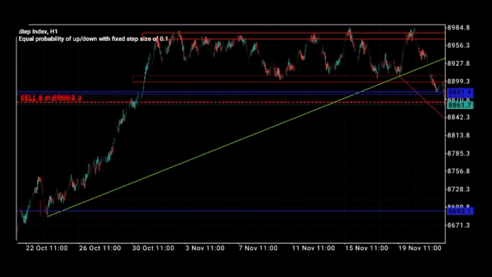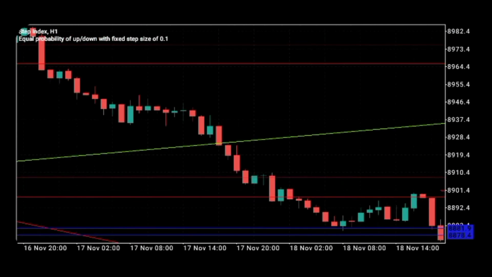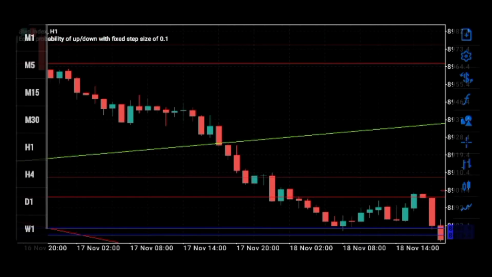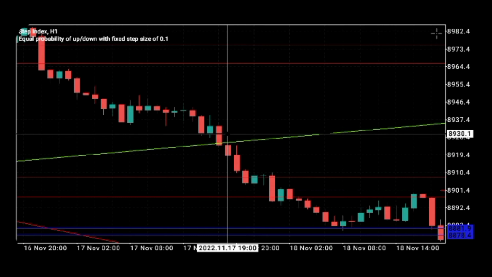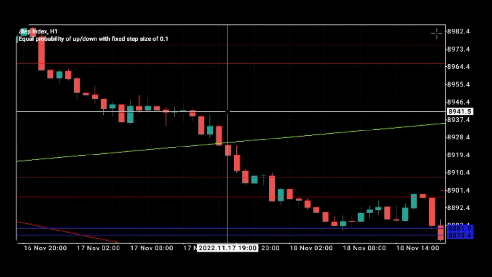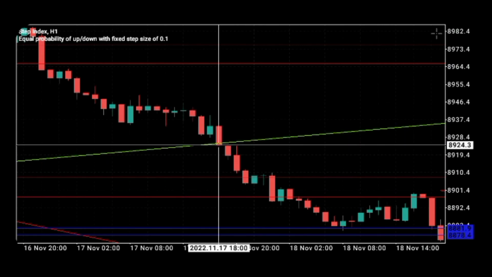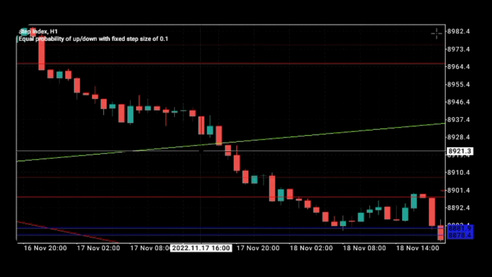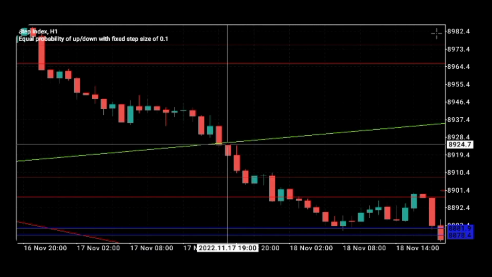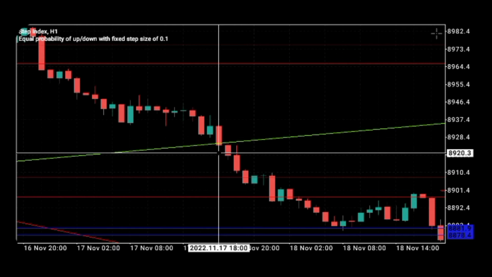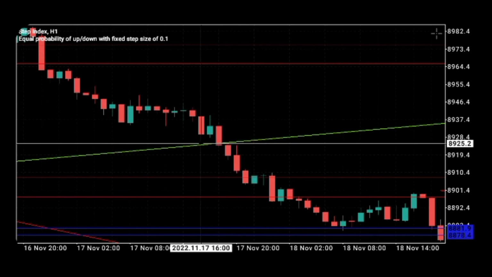If there is a confirmation, this is what you will see: your trend line has crossed the candlestick, and the second candlestick that was formed is formed outside this trend line.